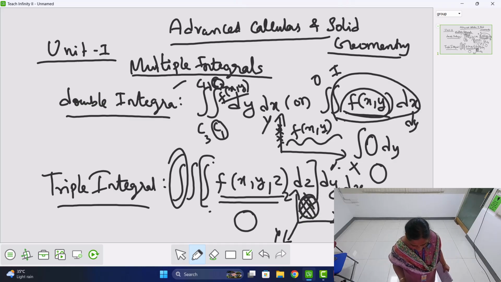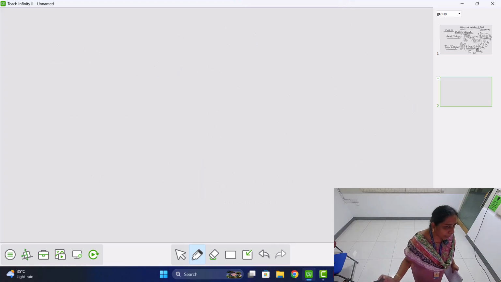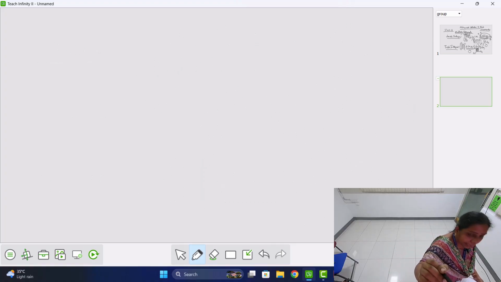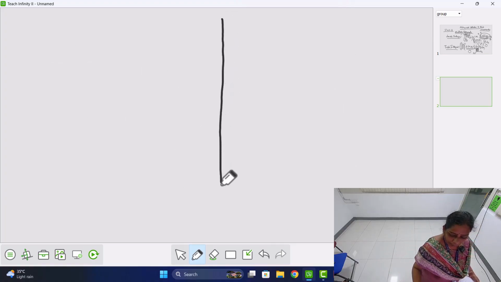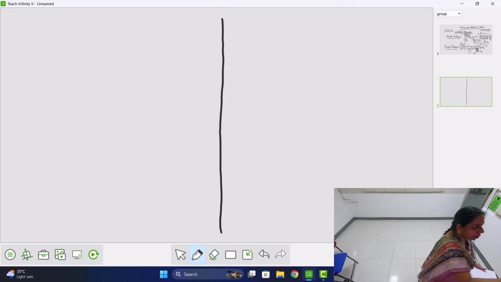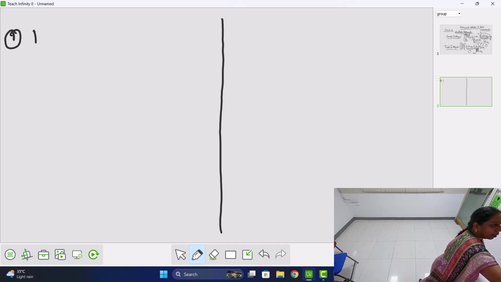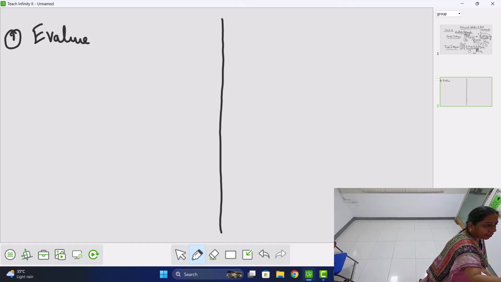With this information, I'll go for the problem. So what is the problem here? Straight away, I'll take you to the triple integral first.